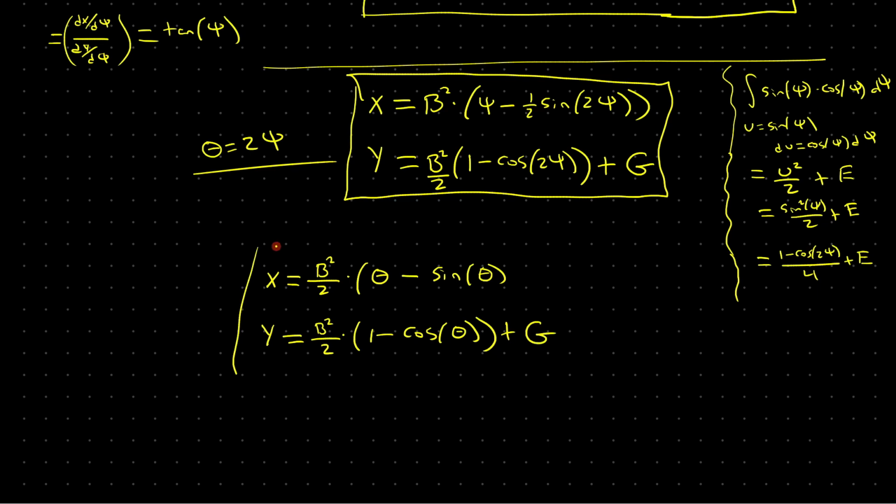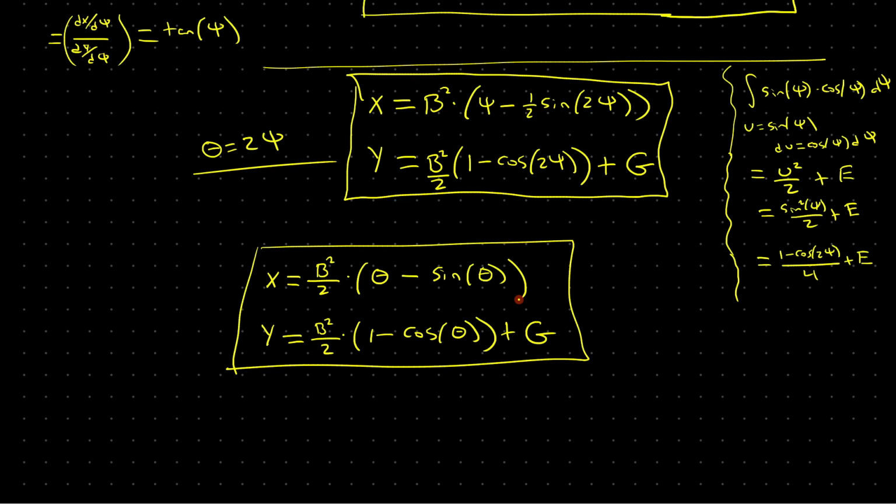So this equation right here is exactly the correct equation that you'll see if you look up the equation of a cycloid. So this is it. This proves that the optimal solution to the Brachistochrone problem is a cycloid.